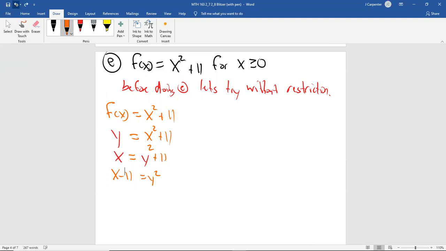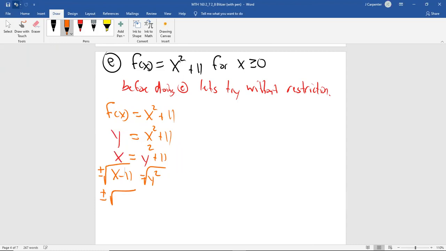Whenever you have something squared equal to blah, blah, blah, you are technically supposed to take a plus or minus square root of both sides. Now I say technically because if there's a reason not to, then you don't. In word problems, often there's not a reason to. When we get into trigonometry, sometimes there's not a reason to. And in this case, when we get the restriction, there won't be a reason to, but for now, we would leave it.